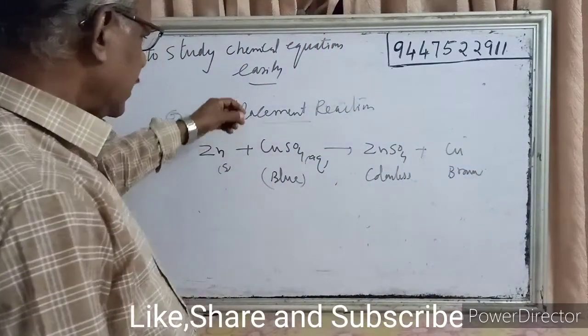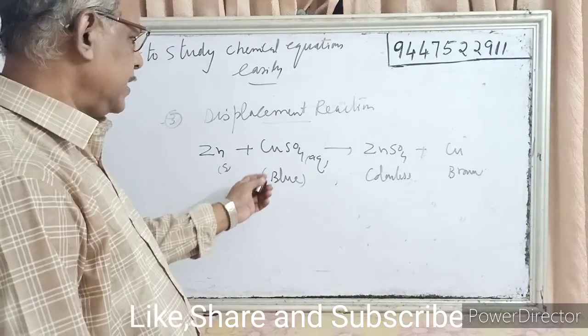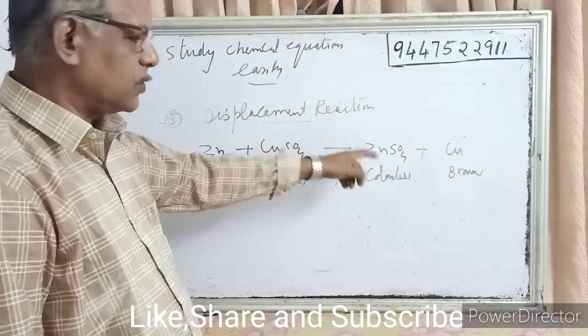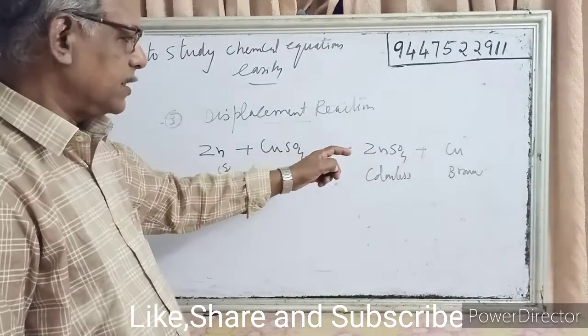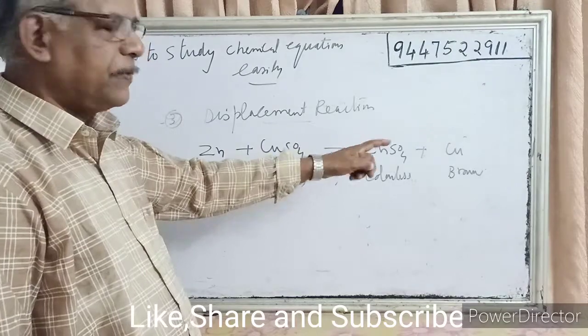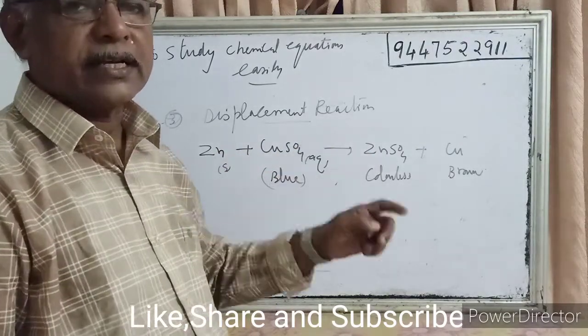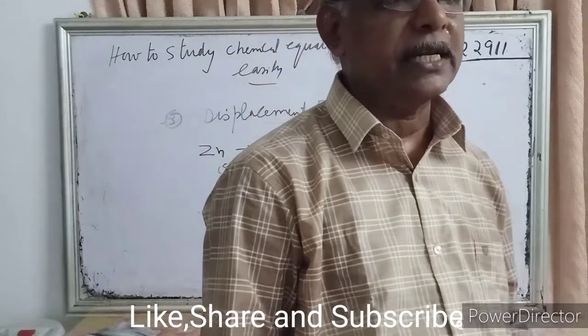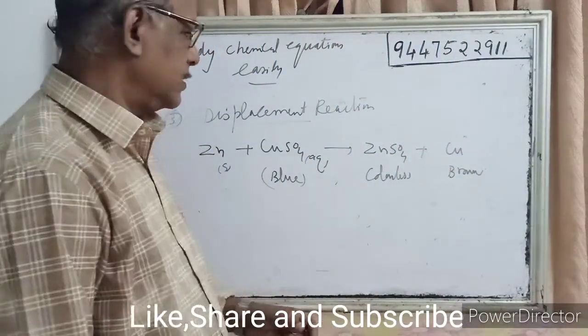When you place a zinc rod in copper sulfate solution, after some time you can see the blue color of the copper sulfate changes to colorless. Why? The zinc displaces copper from copper sulfate, so it becomes zinc sulfate and copper. Why does zinc displace copper? Because zinc is more reactive than copper. Copper is less reactive. So a more reactive element displaces a less reactive element.